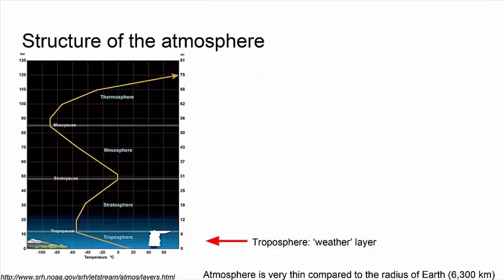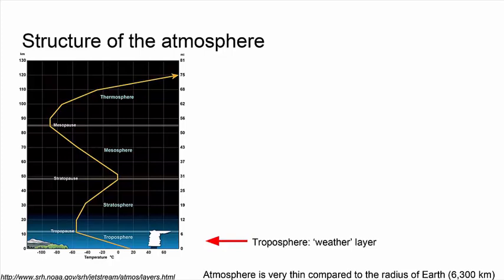Right. So we'll start with the structure of the atmosphere. The atmosphere is commonly divided into 4 different layers. The troposphere, which is also called the weather layer, goes from the Earth's surface to about 10 kilometers.